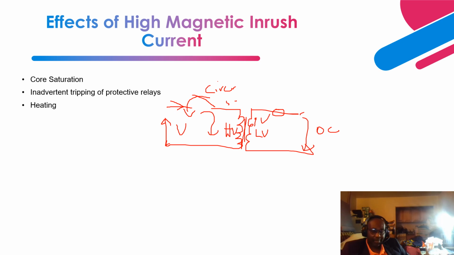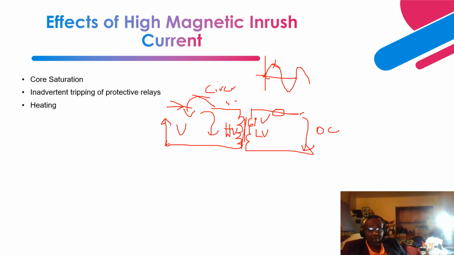And that is why we put in all the required settings to prevent such a relay from tripping on high magnetic inrush current. Remember I made mention that sometimes if you de-energize a transformer, and let's say a transformer trips online, depending on the instant of the sinusoidal wave where the trip occurred, there might be some residual flux embedded in the core.